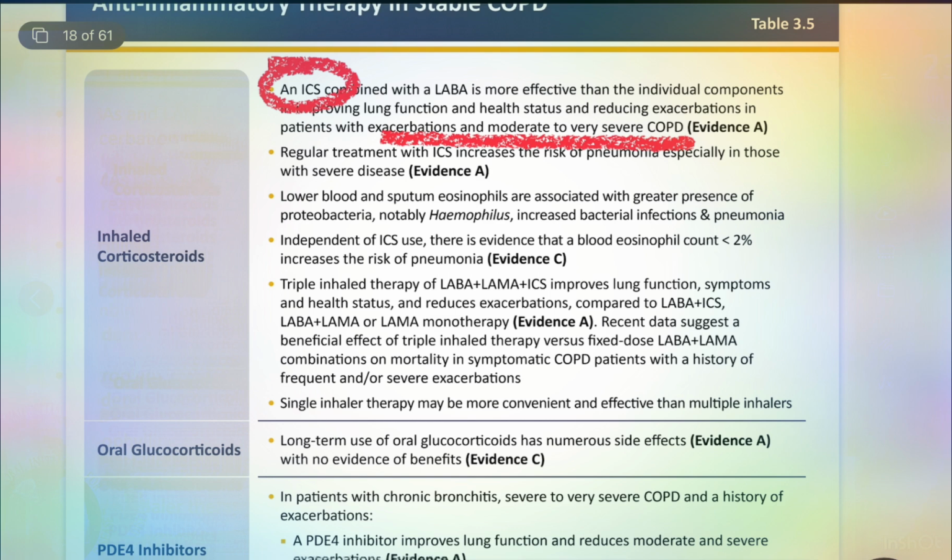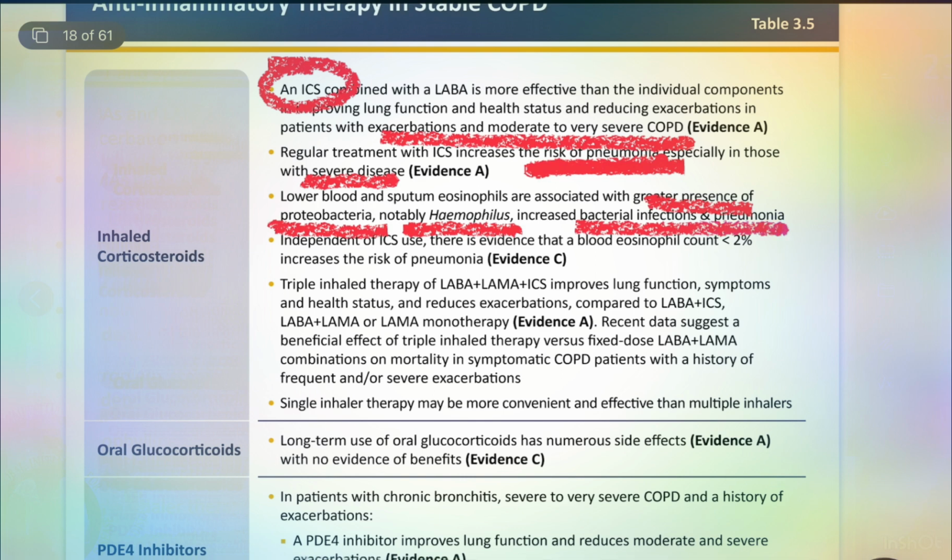Regular treatment with ICS increases the risk of pneumonia, especially in those with severe disease. Lower blood and sputum eosinophils are associated with greater presence of proteobacteria like Haemophilus, and it used to increase the risk of bacterial infection and pneumonia.